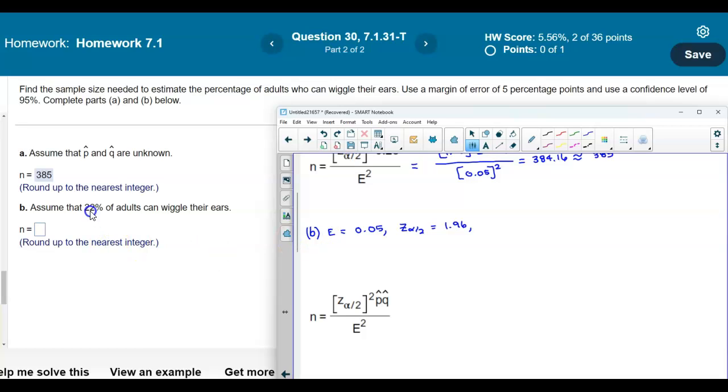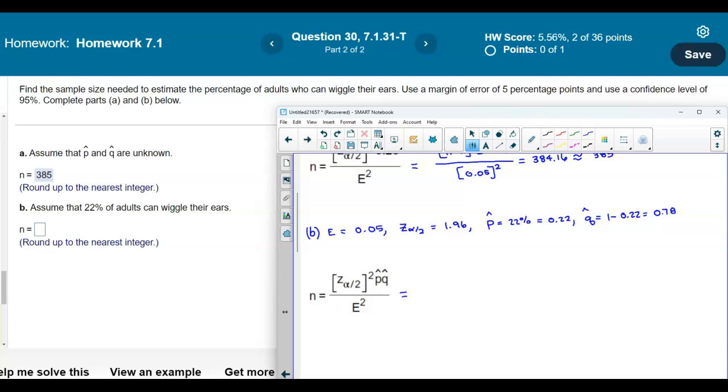In the problem, they're telling us to assume that 22% of the adults can wiggle their ears. So that means the point estimate is 22%. As a decimal, it's 0.22. And the complement of that is 1 minus 0.22, which is equal to 0.78. Now we're going to plug that information into our formula to find the sample size.